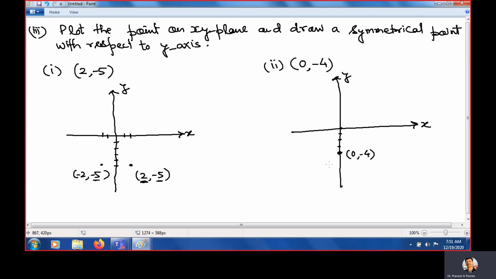Now you need to find the symmetrical point about the y-axis, which means we need to change x to minus x. Here x is 0, so you write 0 equals minus 0. The meaning is the same. So what is the symmetrical point to 0, minus 4? It is 0, minus 4, no change. Before, because x was a non-zero number, it changed to minus 2, and the symmetrical point became minus 2, minus 5. But here, because x is 0, there is no change. 0, minus 4 will remain the same symmetrical point about the y-axis.